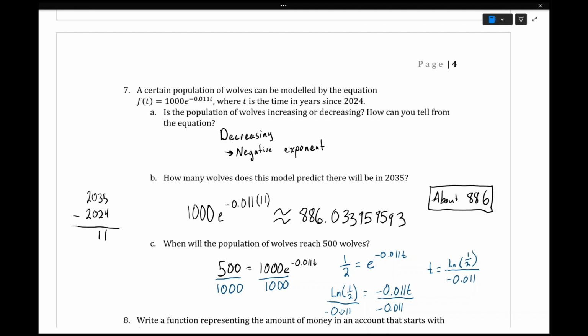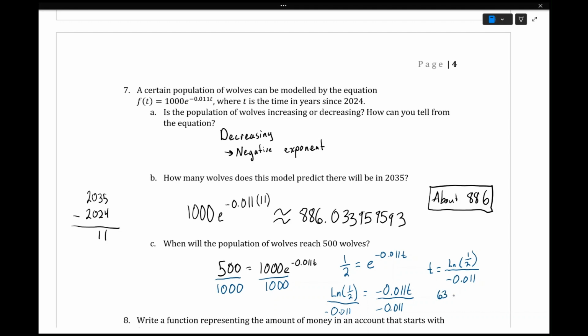Once again, that's not something I can figure out in my head. So I'm going to plug that into a calculator. Natural log of 1/2 divided by negative 0.011 gives me this weird decimal that's about 63.